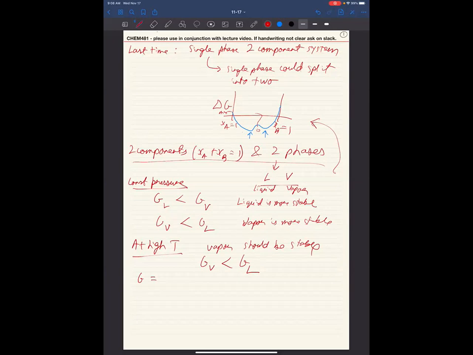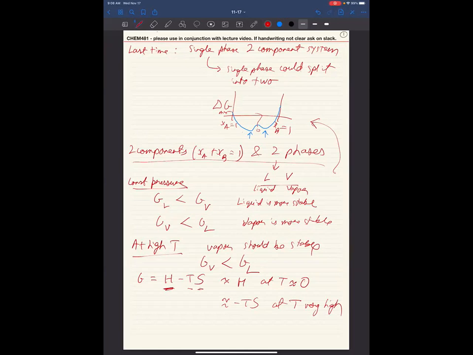What is G? G is equal to H minus TS. As you increase the temperature, at low temperature, at T close to 0, this would be approximately H, right? Because entropy does not matter. The term proportional to entropy goes to 0. But at very high temperature, this will approximately become close to minus TS, because the enthalpy itself does not depend on temperature.